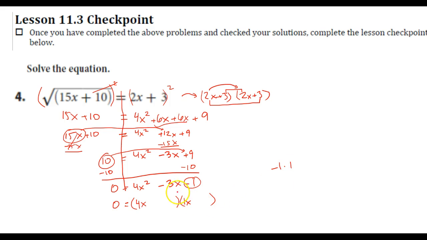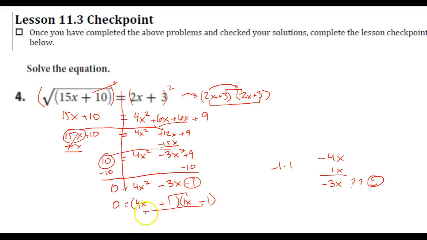All right, so we want to make sure that the inners add up to negative 3. If we put a negative 1 here, positive 1 there, that would be negative 4x and 1x. Would that be equal to negative 3x?